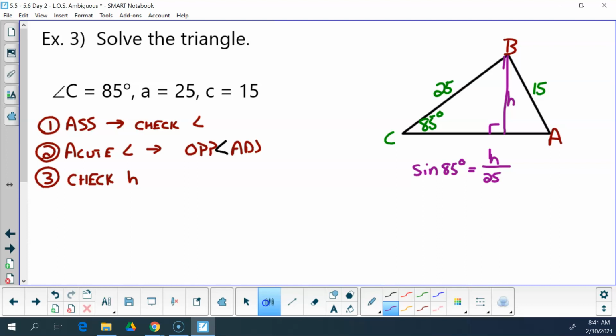So the sine of 85 degrees is equal to h over 25. So my height is equal to 25 times the sine of 85 degrees, which is 24.905.